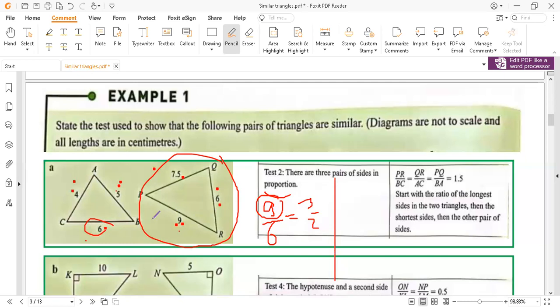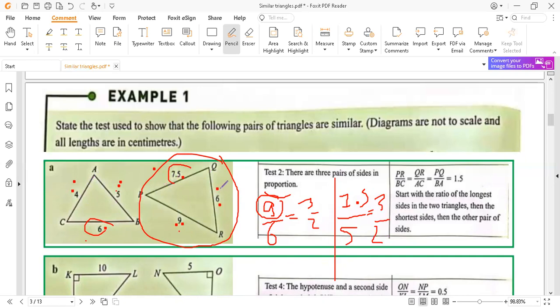Then we work on the middle sides: 7.5, I mean PQ, over the middle here, 5. If we put it on the calculator, we obtain 3/2, 1.5.